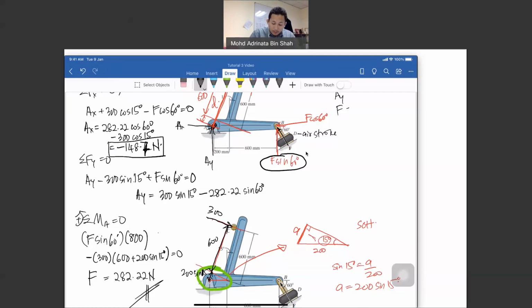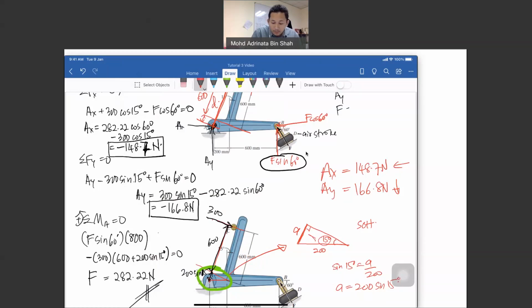AY is equal to negative 166.8 Newton. So from that one, we have our AX is 148.7 Newton to the left, and AY is 166.8 Newton down.